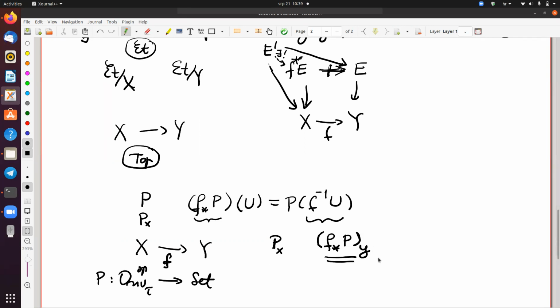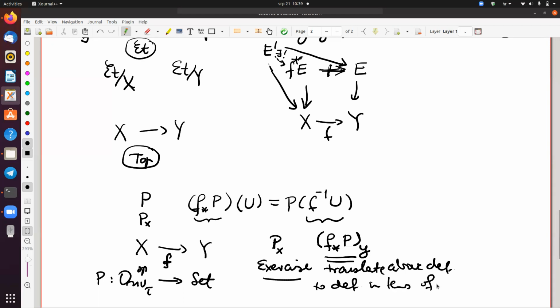You describe it in terms of this fiber, and then you look at what the topology is, and you use similar tricks. So I will give an exercise: translate the above definition to a definition in terms of stalks. These are stalks.